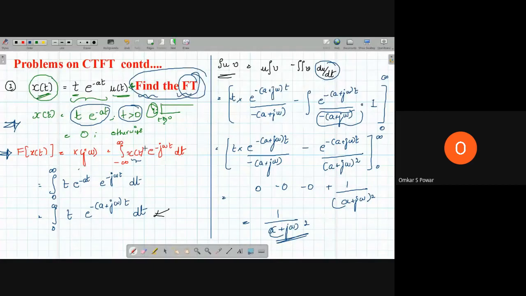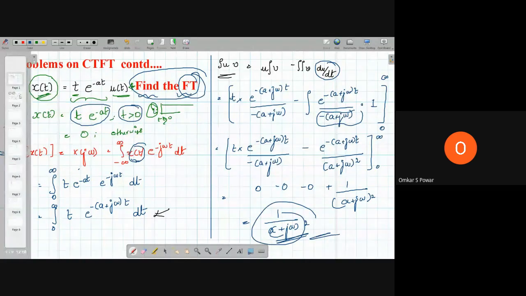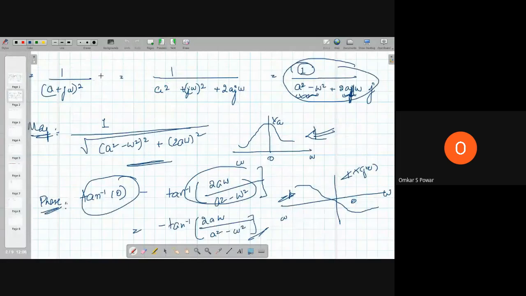Then you have to substitute the value of x of t. This is in the form of integral u into v. Solve it and get the answer. For this one, up to here is enough. Just to get an idea, I have done the magnitude spectra and phase spectra.